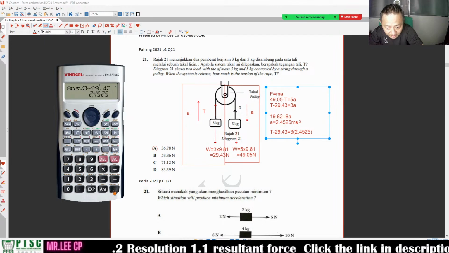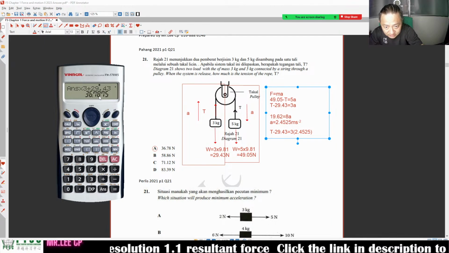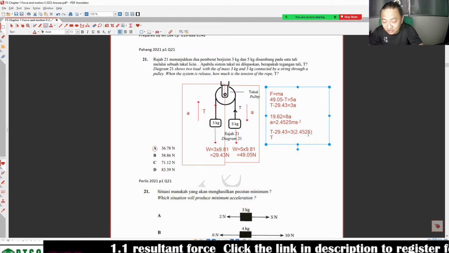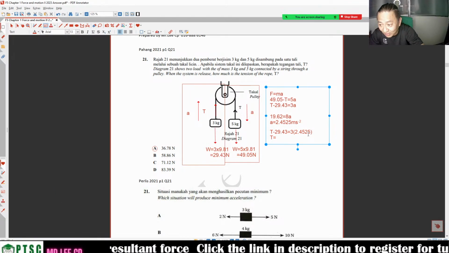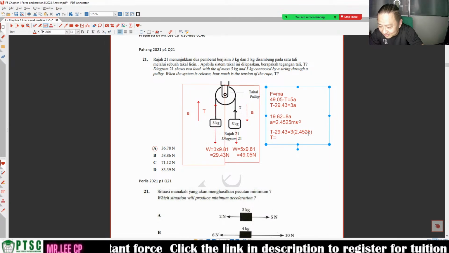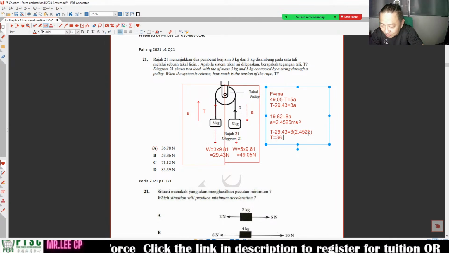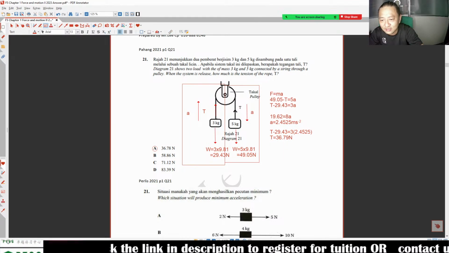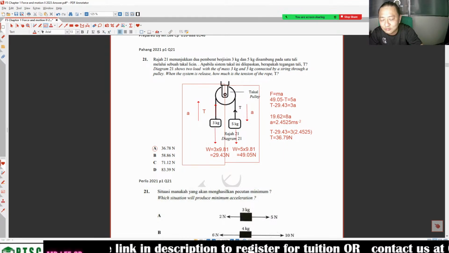Then I will get my answer as 36.78. Actually, the answer is not so good. I never round off my answer, it is 36.79 actually. I use my own answer, huh? But here I circle 36.78.